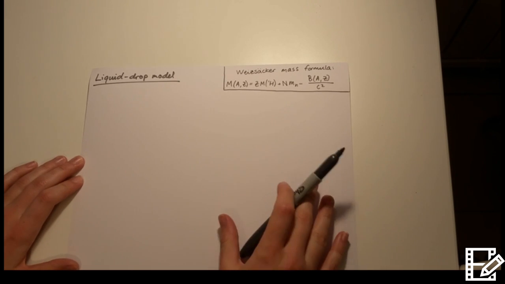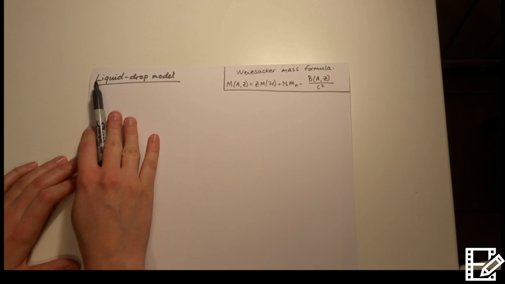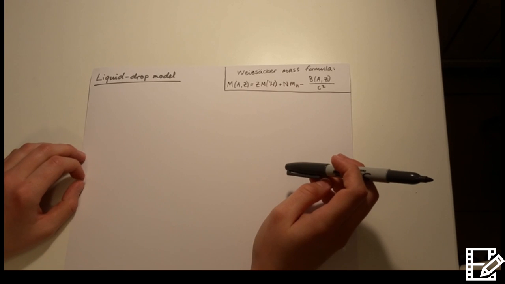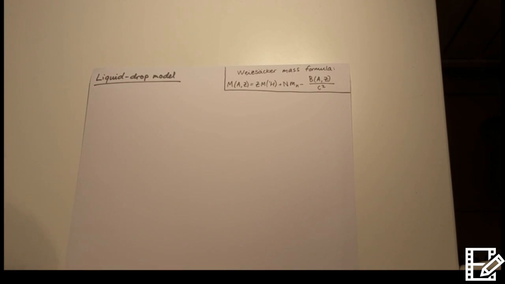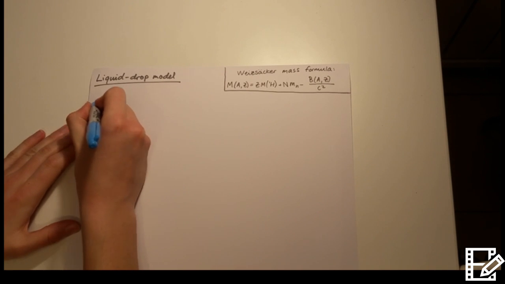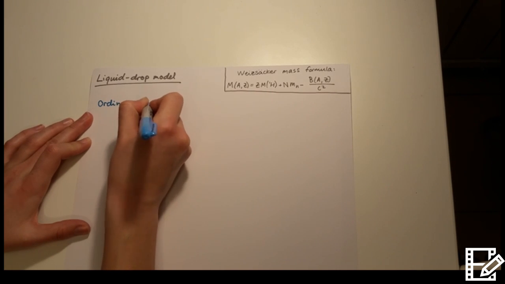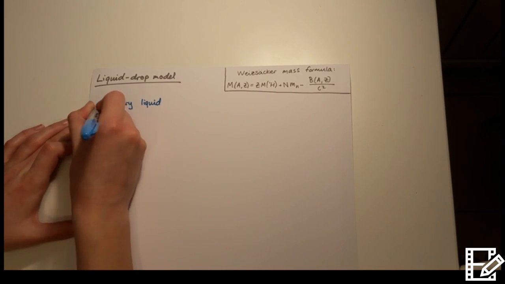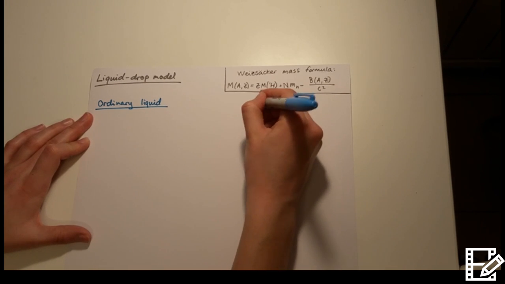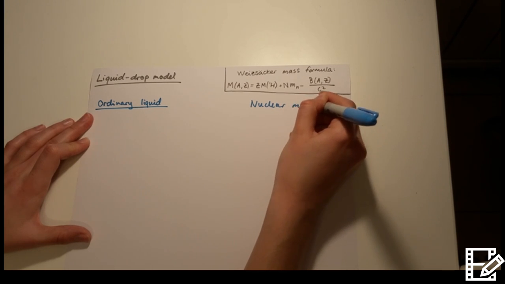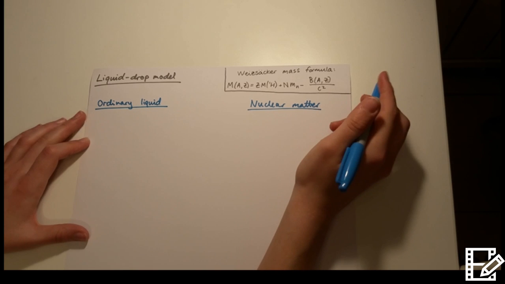Now, the liquid drop model is basically, as it's saying, modeling the nucleus as a drop of liquid. And to justify that a little bit, I'm going to compare liquid properties with nuclear matter properties. So if we have an ordinary liquid, and nuclear matter, we can make some comparisons.